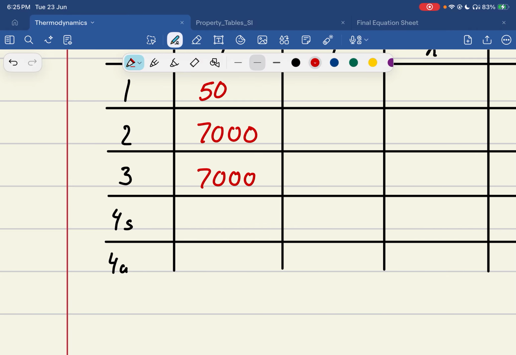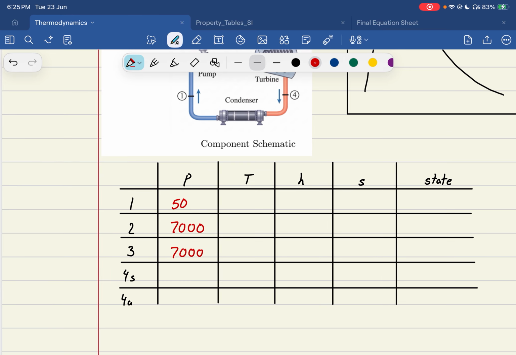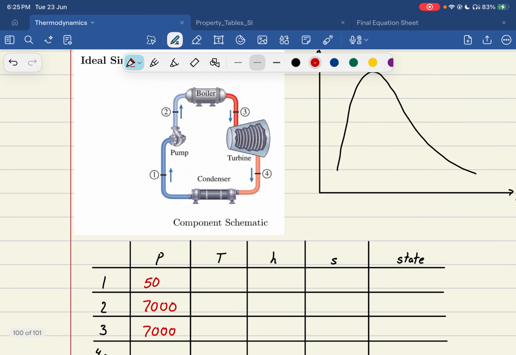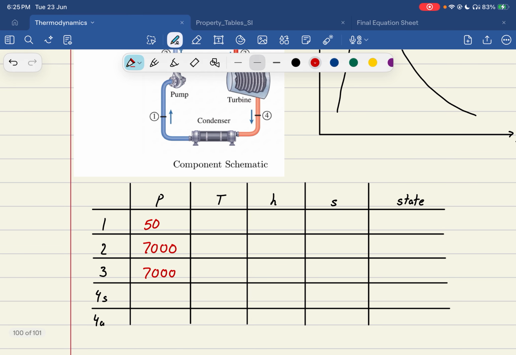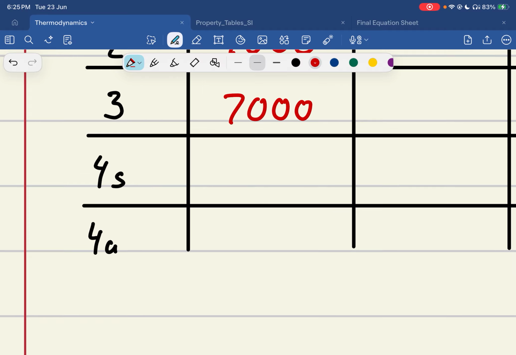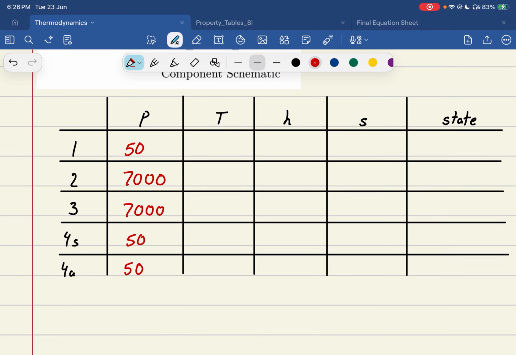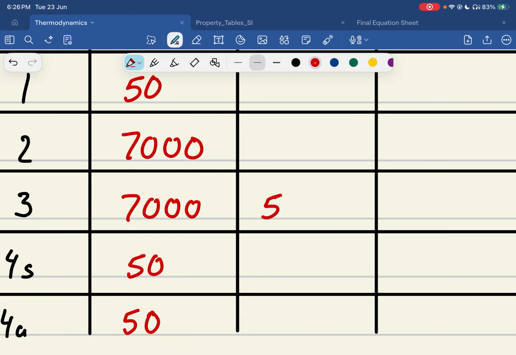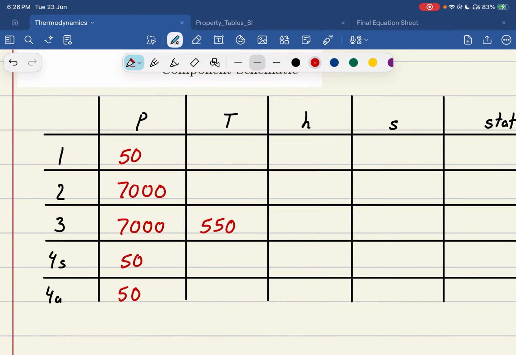And we know that as soon as you have an isentropic efficiency, that means that state going out of that, you're gonna have two of them. So for the pump, since it's isentropic, we don't have 2S. We only have 2 actual. And this one, we can say that this is 50, and this is 50, all in kPa. And then we know that this is 550 degrees Celsius.